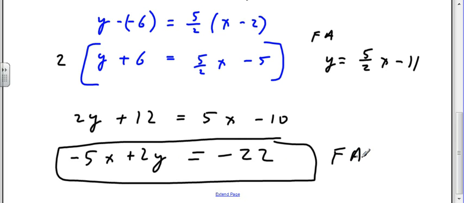So this is the general form of a line, and this is the point-slope form of a line. And either equation would be perfectly okay because it didn't tell me which one they wanted.